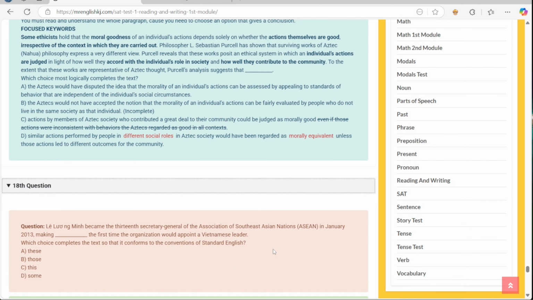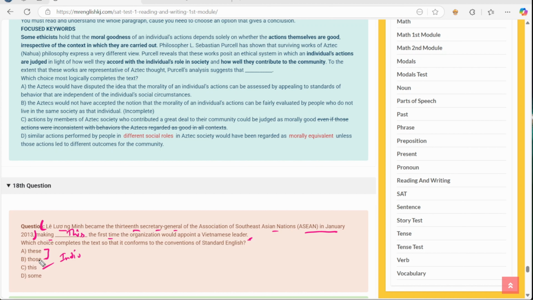Now, here you can see he became Secretary General of the Association of South Asia in January, making that the first time the organization would appoint a Vietnamese leader. So this guy became the first leader. Because these options are plural, we don't need them. We are not talking about an individual here. We are talking about the whole sentence. This is the first time the organization would appoint a Vietnamese leader.